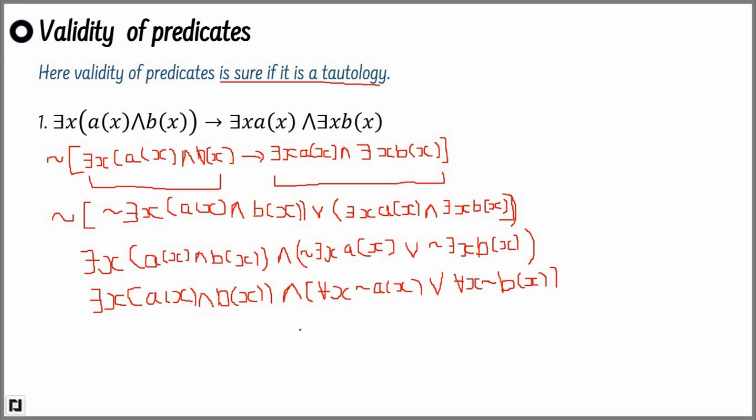That is, we take an example p which is in the universe of discourse, so that our equation becomes A of p and B of p and negation of A of p and negation of B of p, sorry, it is p.